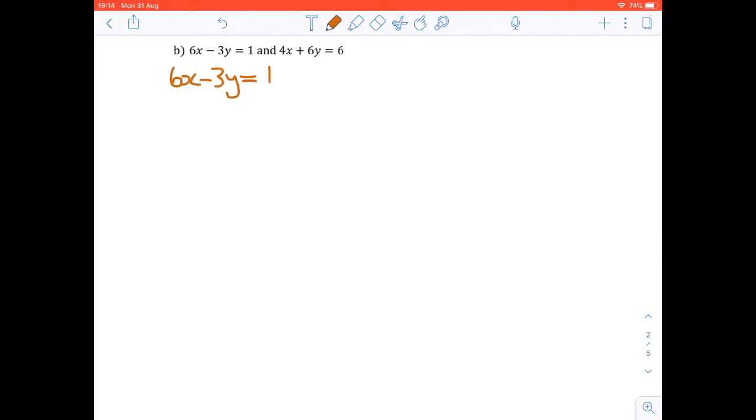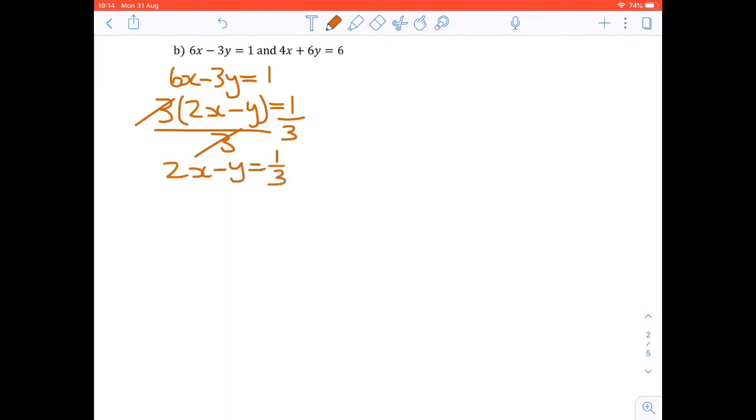Let's factorize that left-hand side. Take out a common 3 and we're left with 3 times the bracket 2x minus y equals 1. Let's divide both sides by 3 so we can get the bracket by itself. Those 3's cancel. So 2x minus y equals 1 over 3. Let's make y the subject of this formula. So let's keep the 2x on this side and bring over the negative third.